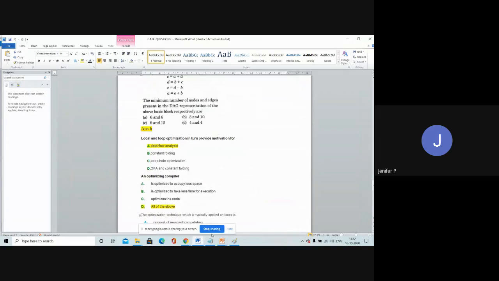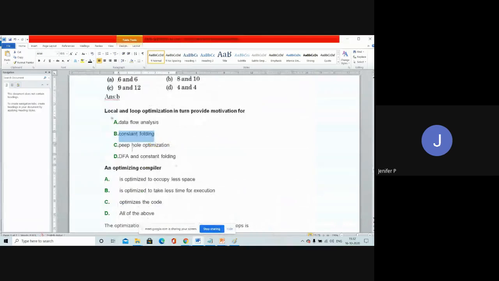And the next one is peephole optimization. Peephole optimization is taking a small part of the program and repeatedly applying the optimization technique to find the smallest spot. Then DFA and the constant folding represent folding the expression value, mapping the names or expression to constant. So that is also a technique of optimization.